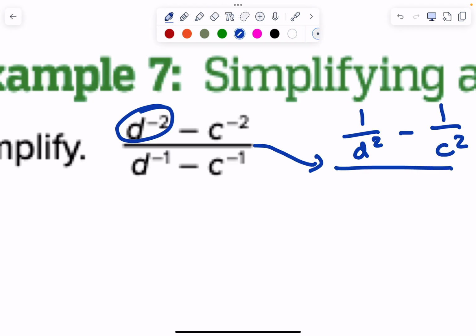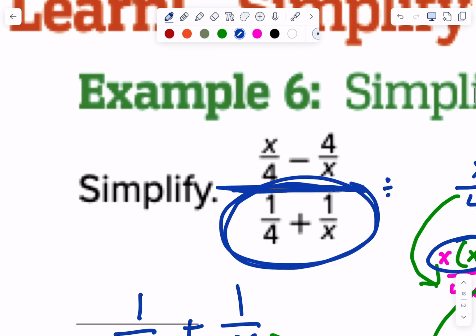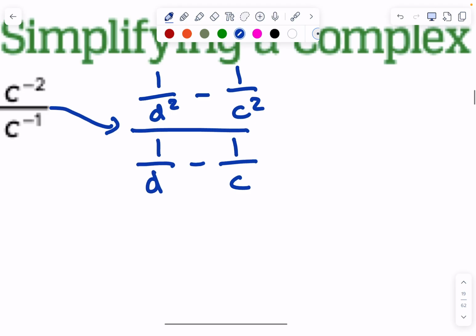Because they are trapped together, I have to leave them on the top together. Then the bottom is 1 over d minus 1 over c. Then you do the same process as what we did up here: you simplify the tops, you simplify the bottoms, then you keep, flip, and it's going to cancel stuff.